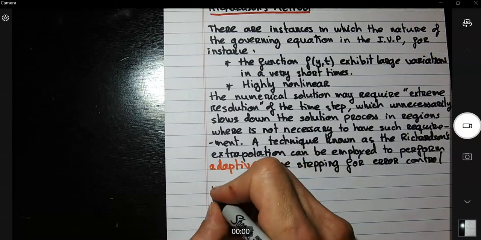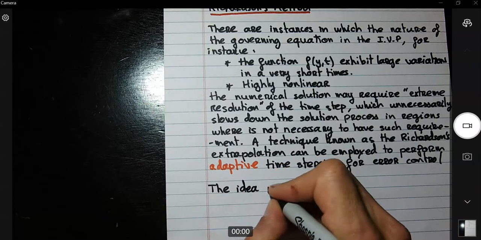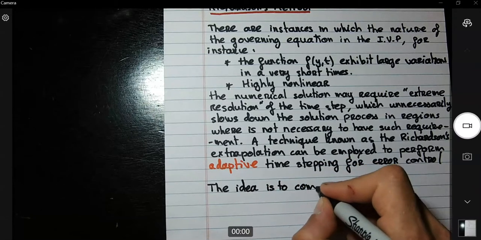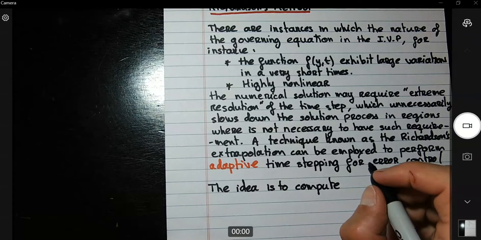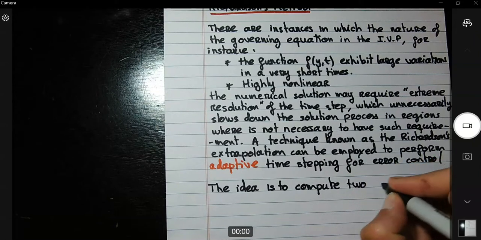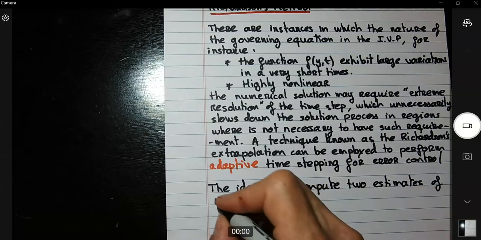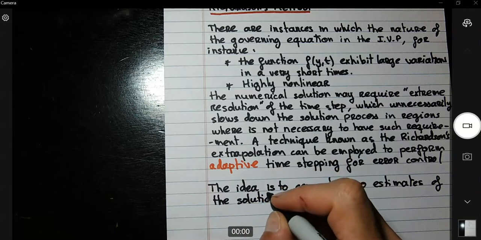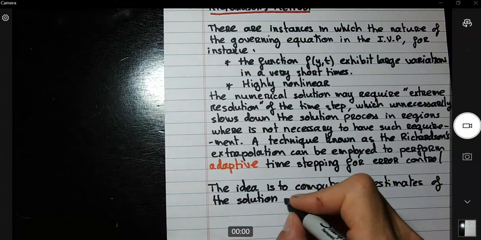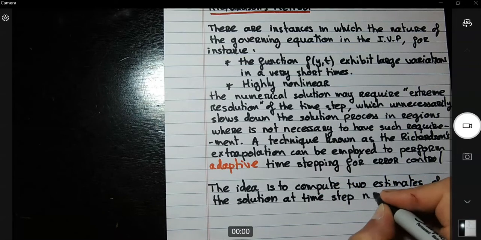So the idea is to compute two estimates of the solution at time step n+1.